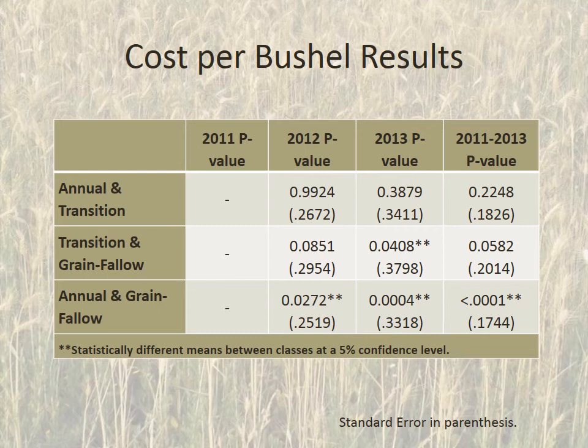So this is a good indicator of the different profit that each class will see. It's a lot easier for the annual class to make money because they have a much larger margin from their total cost per bushel versus what they can make per bushel.